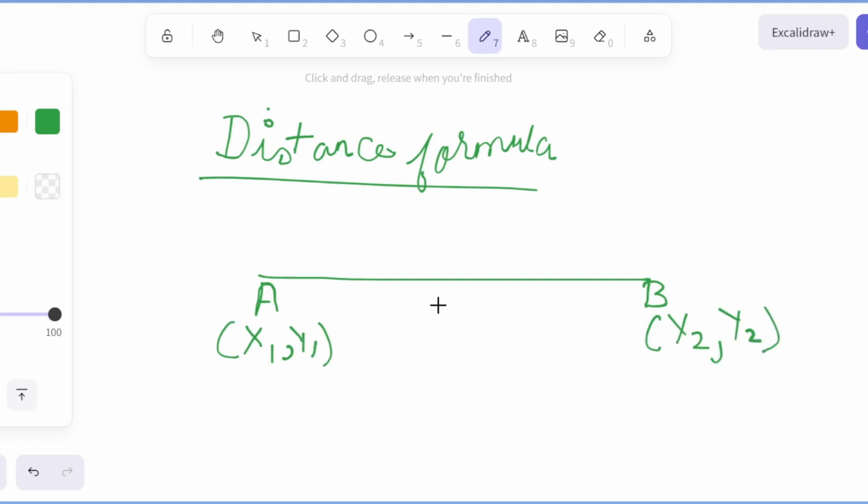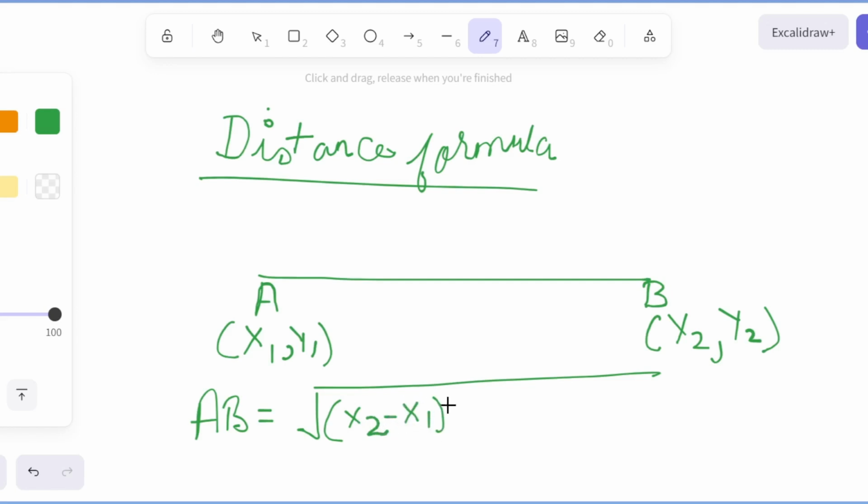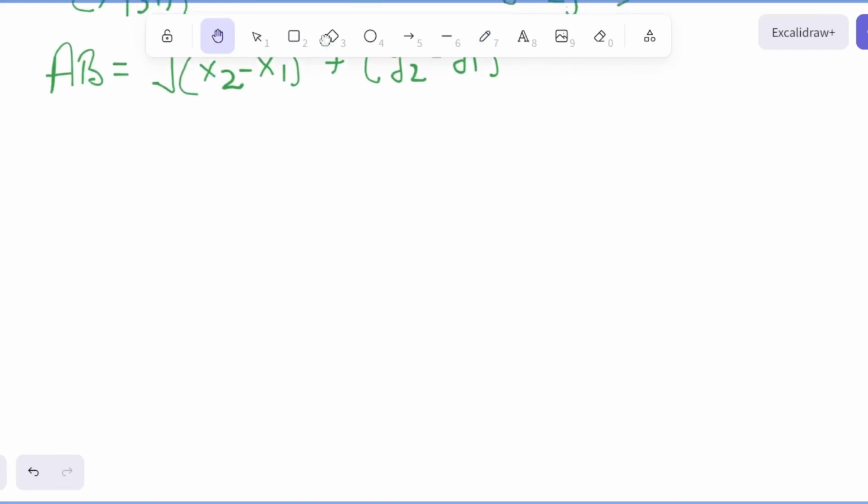What is the distance between A and B? The formula says AB equals the square root of (x2 minus x1) squared plus (y2 minus y1) squared. Correct, right?